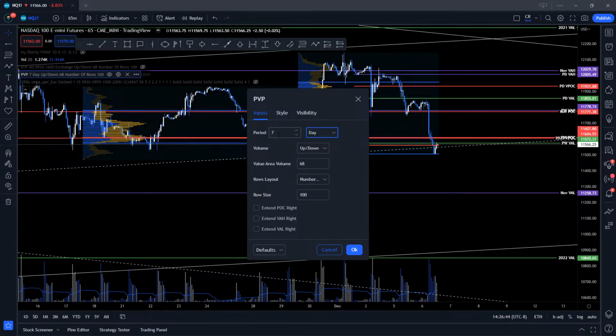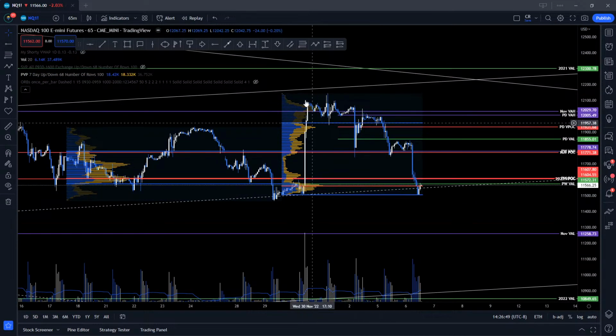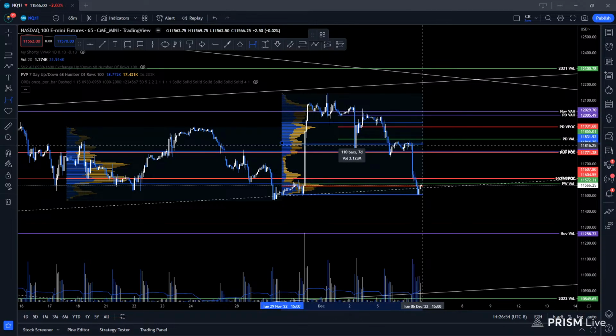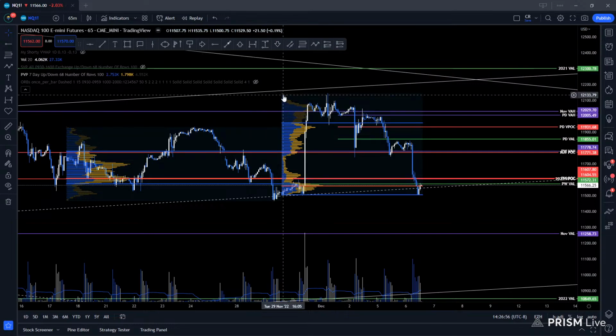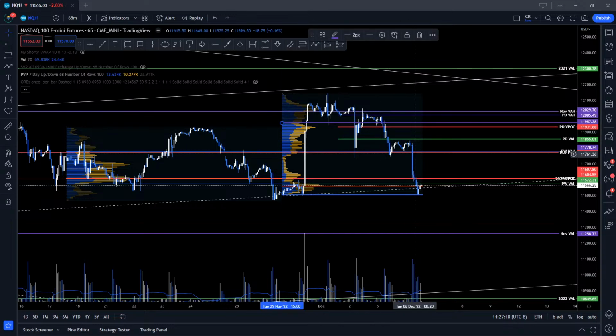Just based on backtesting, we found that the 7-day period seems to be respected more than the 5 day or 1 week. But I welcome you to backtest this yourself. All right.